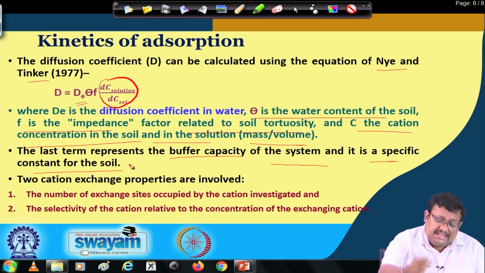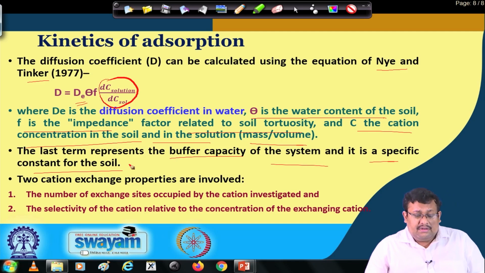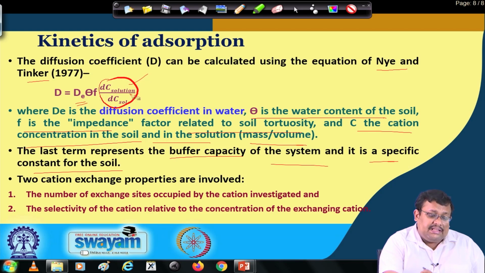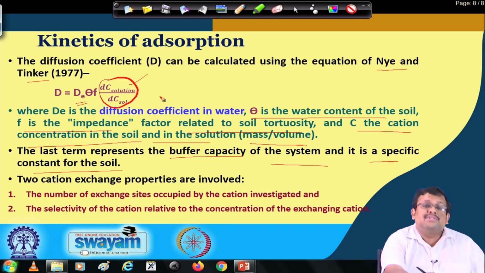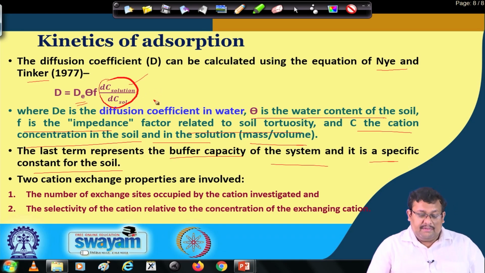Obviously, when the concentration of a particular ion in the solution gets depleted, then the adsorbed ions from the soil clay surface or other secondary mineral surface go to the solution to maintain the equilibrium, and that is the representation of the buffering capacity.